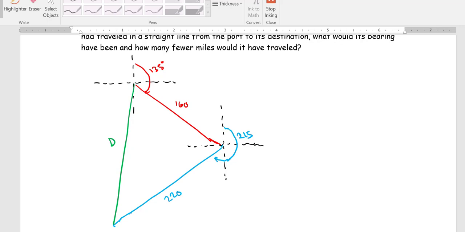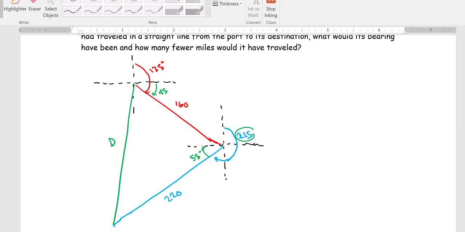I know that this is 215, so the remaining portion is going to be 35, so it's going to be 55 degrees. I also know that from here to here is 45 degrees.